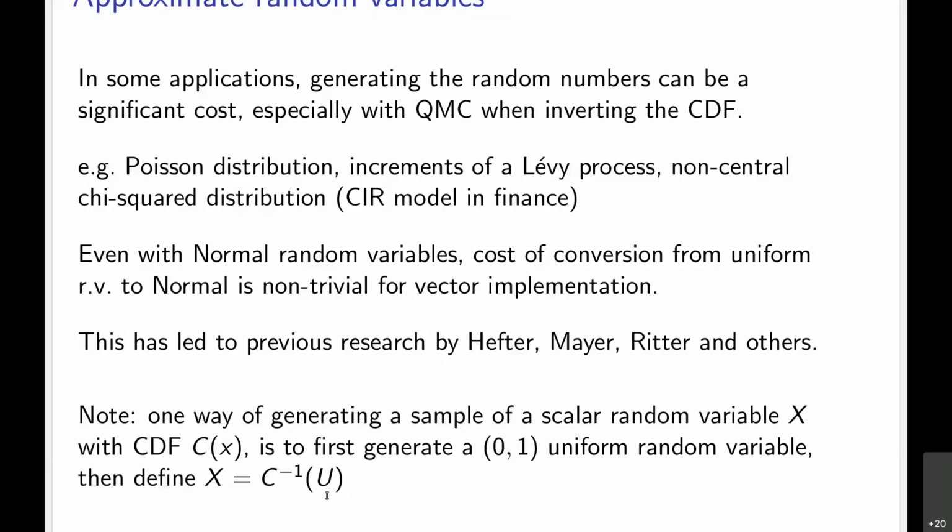So each of the percentiles is equally likely. So we're using a uniform random variable to pick out which percentile we want, and then we're inverting the cumulative distribution function to get the sample capital X. So it's one of the classic ways of generating random variables.